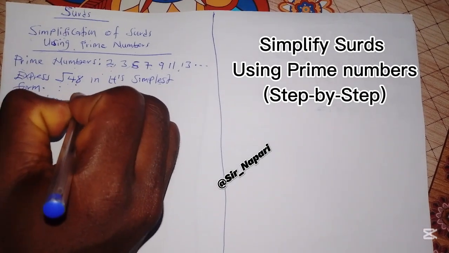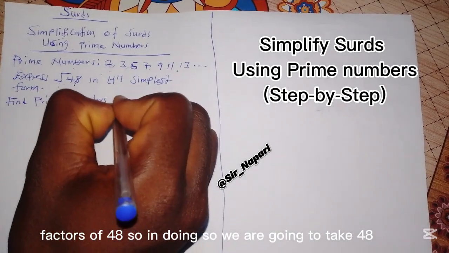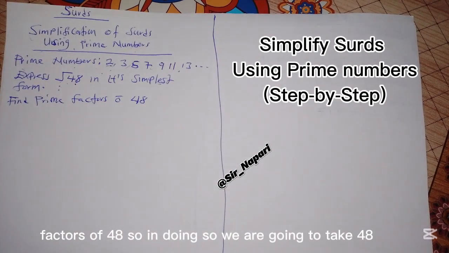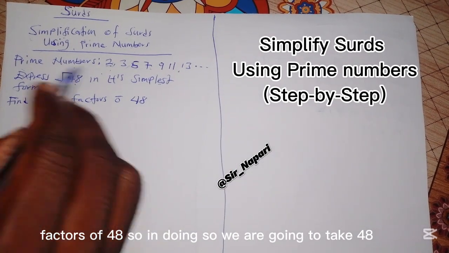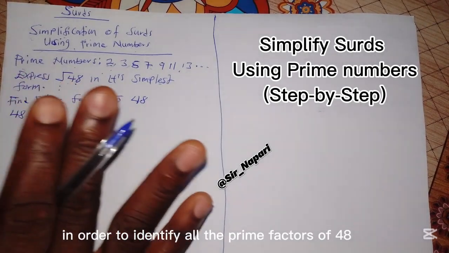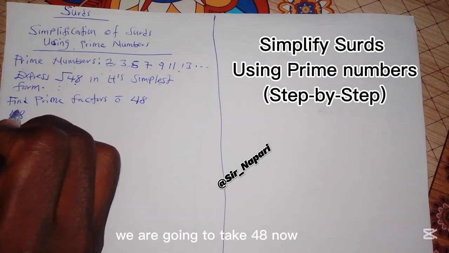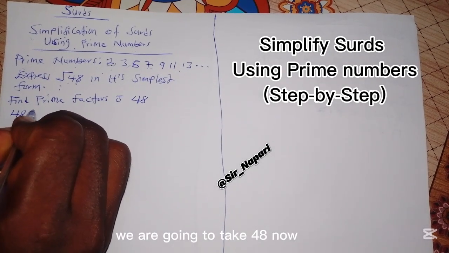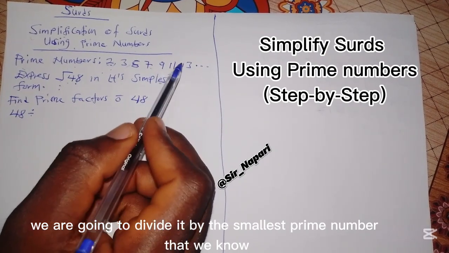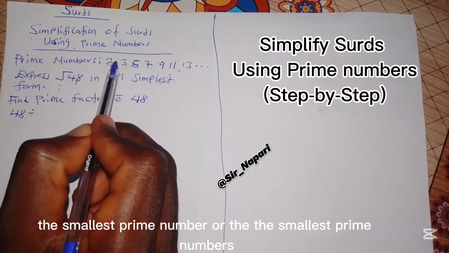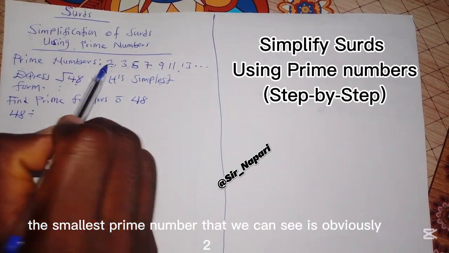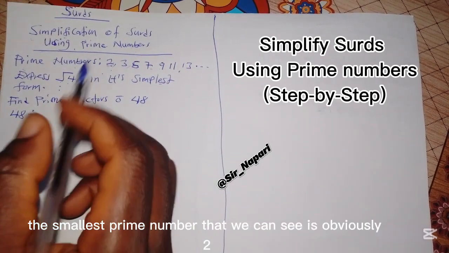So in doing so, we are going to take 48. Now, we are going to divide it by the smallest prime number that we know. So from these numbers, the smallest prime number that we can see is obviously 2.